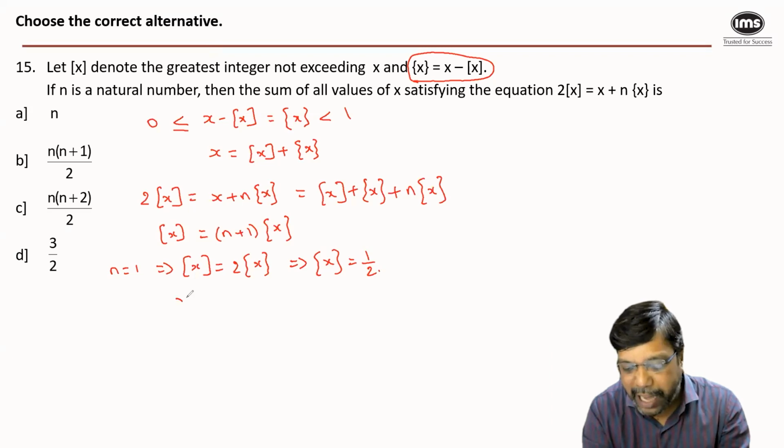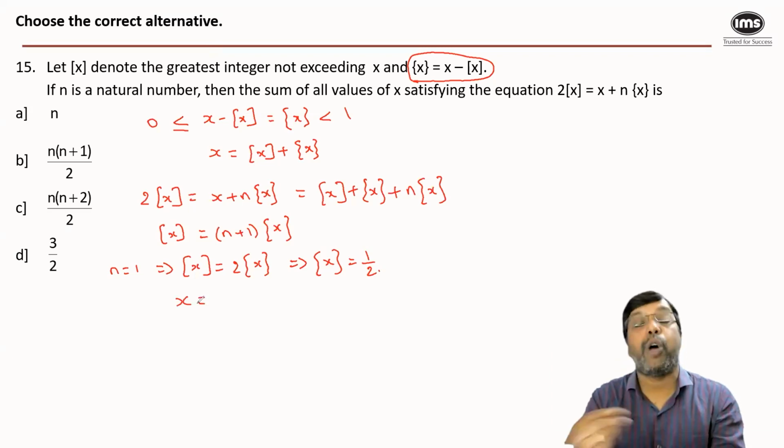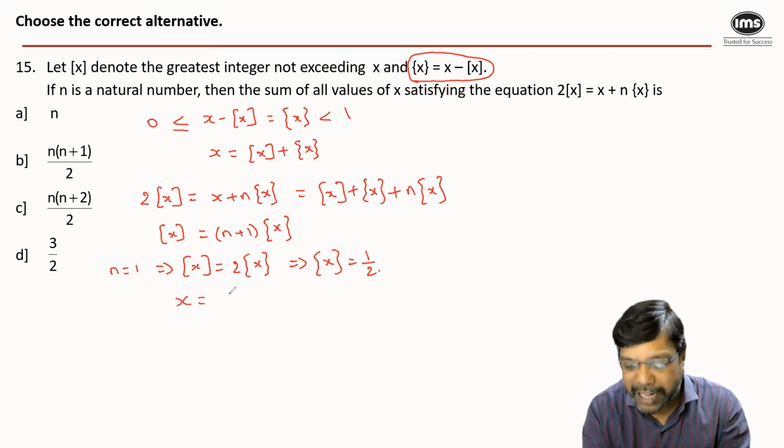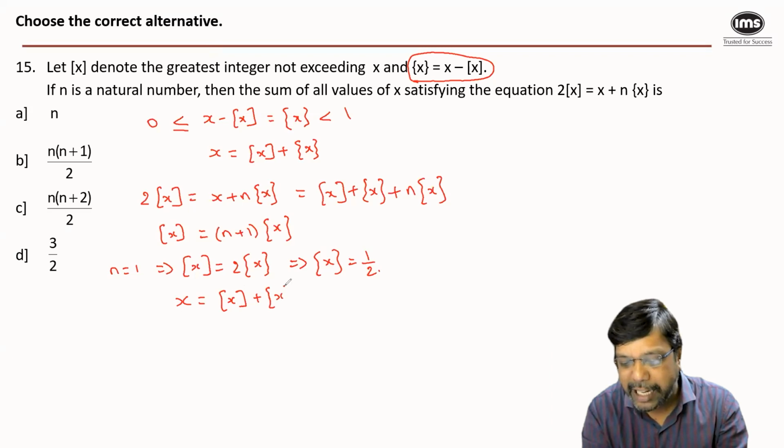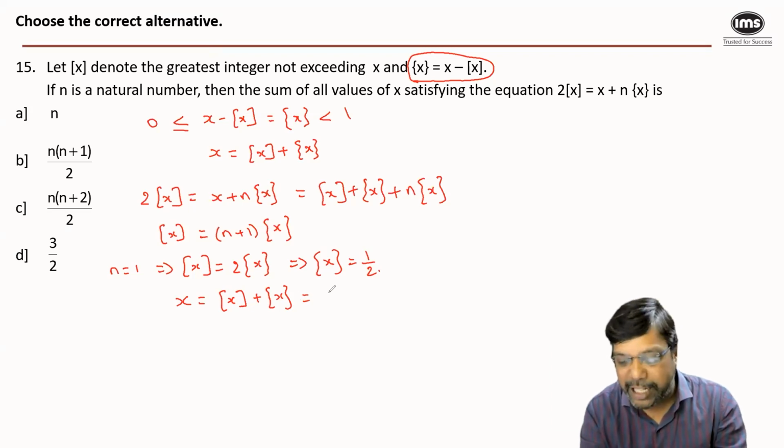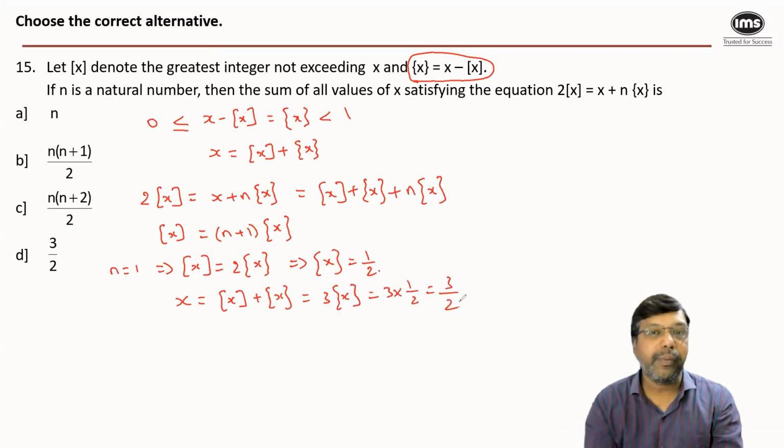Hence, the value of x that is possible here, we know x is nothing but greater integer x plus fractional x, and greater integer x is 2 into fractional x plus fractional x, that is 3 into fractional x, which is 3 into 1 by 2, 3 by 2.